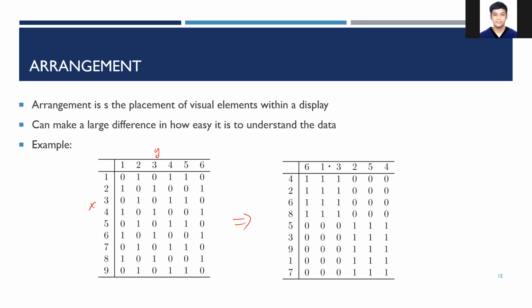For example, 4, 2, 6, 8 have correlation with 6, 1, 3. But 5, 3, 9, 1, 7 have correlation with 2, 5, 4. So sometimes we need to rearrange our data format to make it easier to get the pattern.